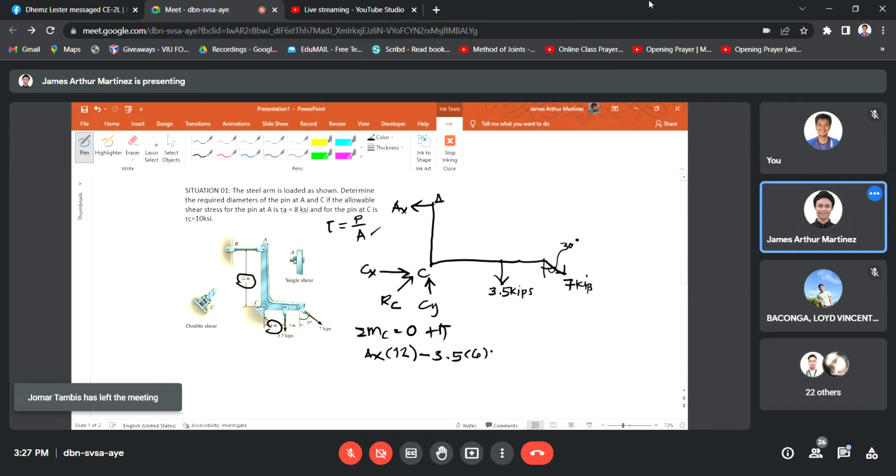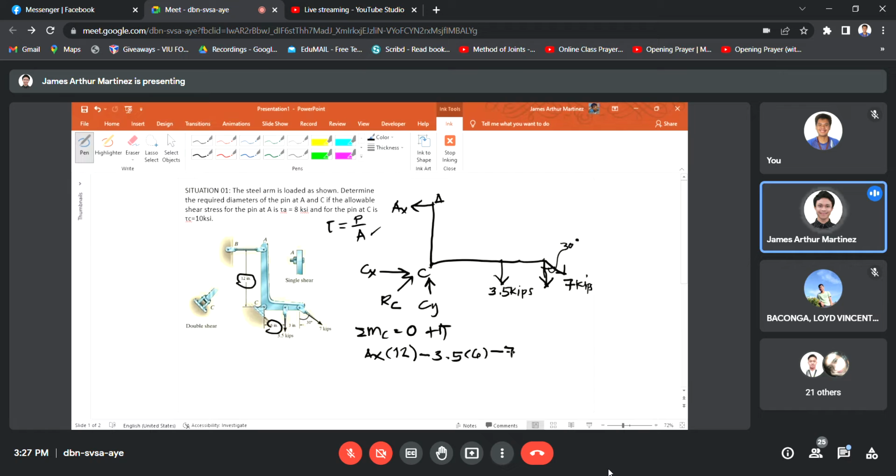minus, we resolve the 7 kip force into its Y component. There is no X component, since the X component of the 7 kip force is acting along point C, so it has no moment. So only the Y component will be considered.